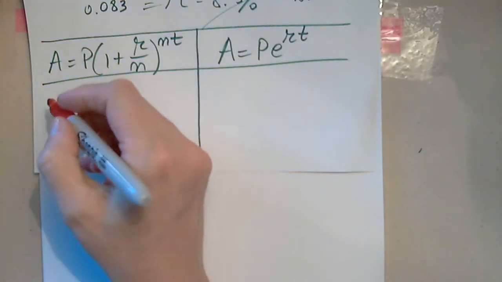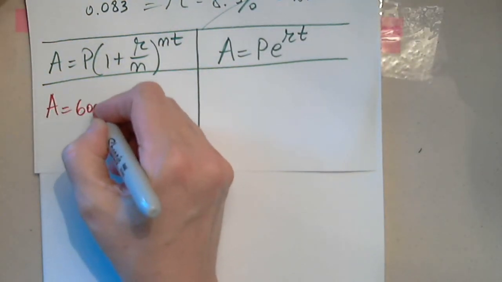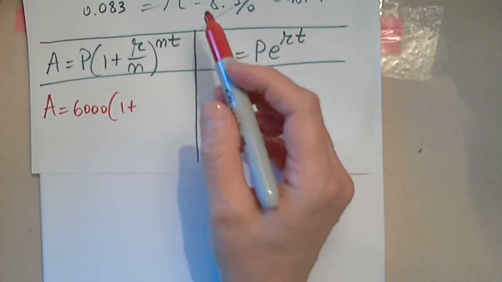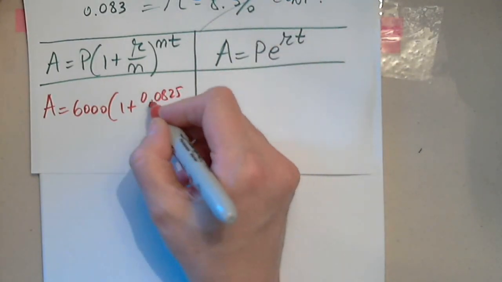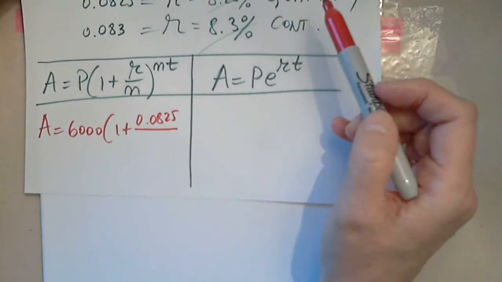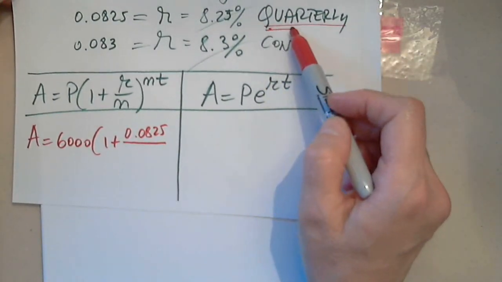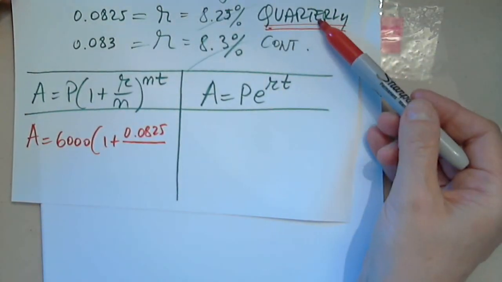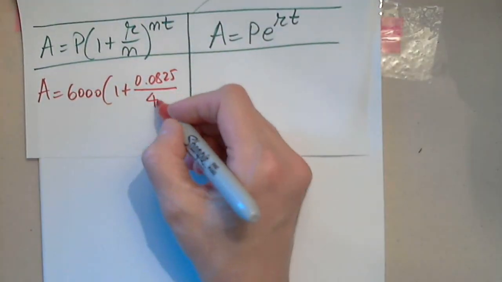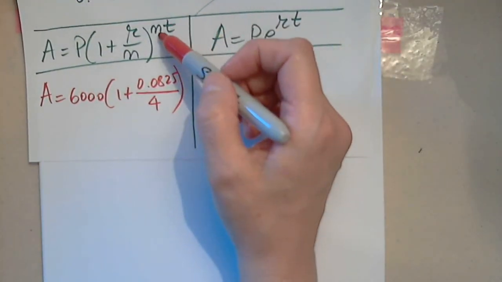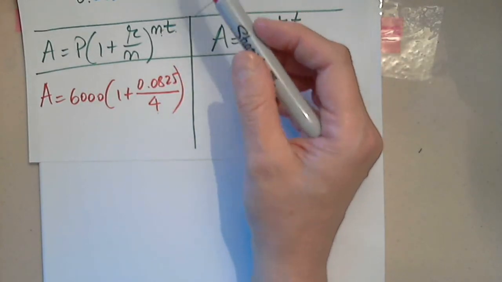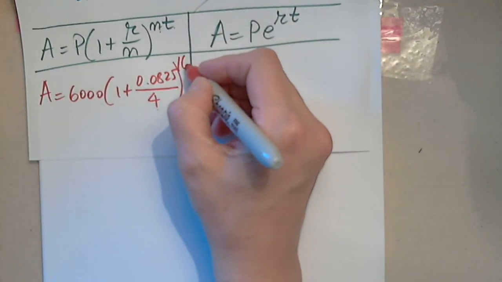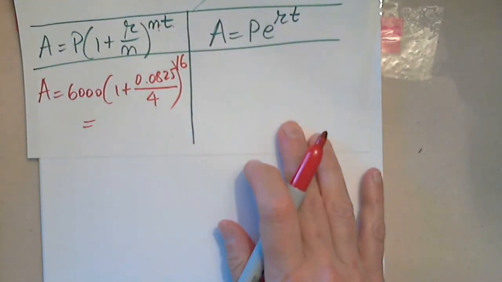So A equals 6,000 times 1 plus 0.0825 divided by 4, since there are 4 quarters in a year, raised to 4 times 4, which is 16. And then we'll calculate this in a moment.